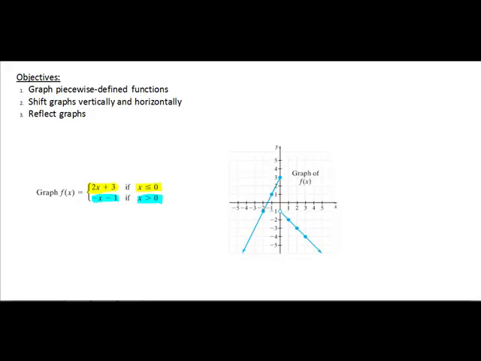So you can look over here at the graph and see what this looks like. You've got a split graph, basically, because you have two pieces. One piece is 2x plus 3, the other piece is negative x minus 1, and those two pieces do not meet up when x is 0.